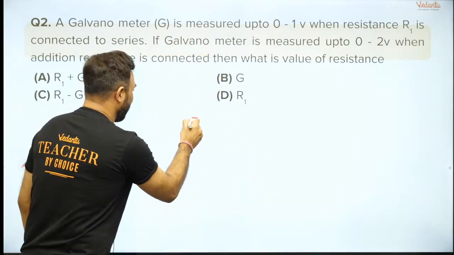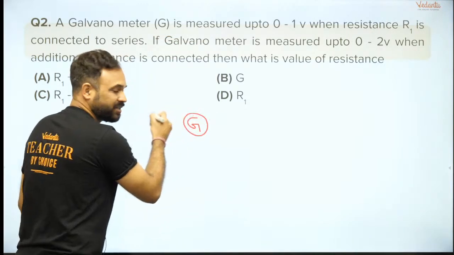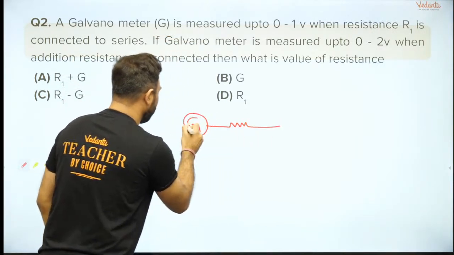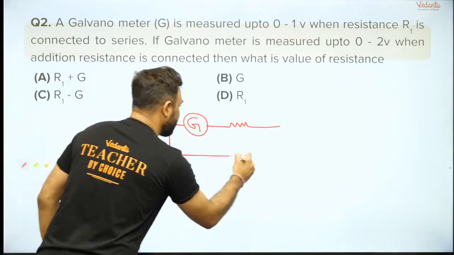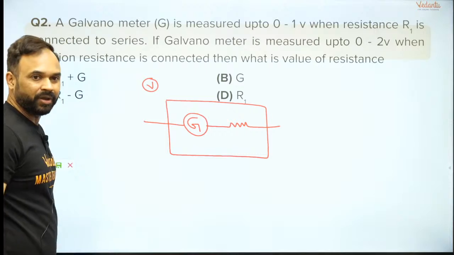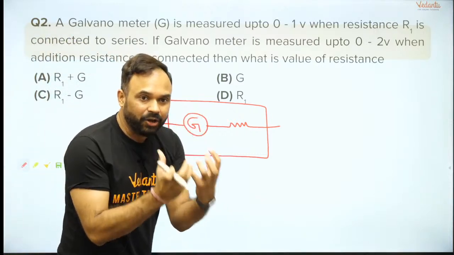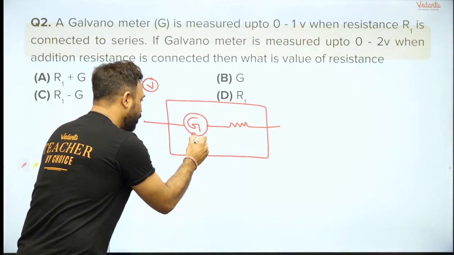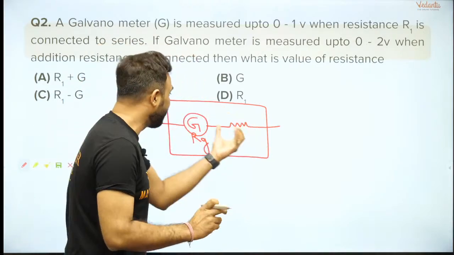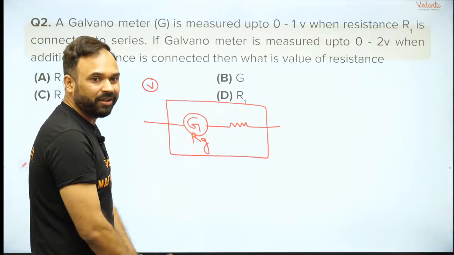Now this was a very basic problem that came on a voltmeter. What happens when you convert a galvanometer into a voltmeter? You take a galvanometer, which is actually a resistance, and then you connect an external resistance in series, and this device as such is called a voltmeter.